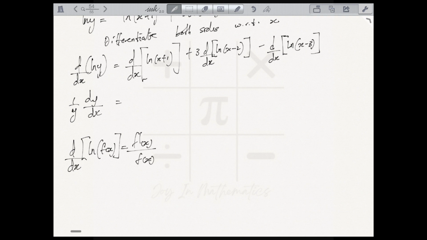So we take the f prime of this. Differentiating x plus 1, we have 1 divided by x plus 1. Differentiating x minus 2, we have 1 divided by x minus 2. Differentiating x minus 3, we have 1 divided by x minus 3.